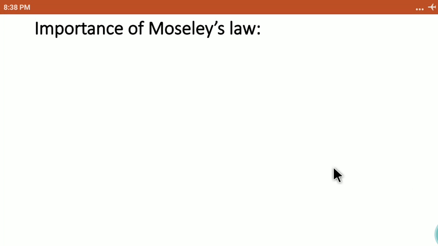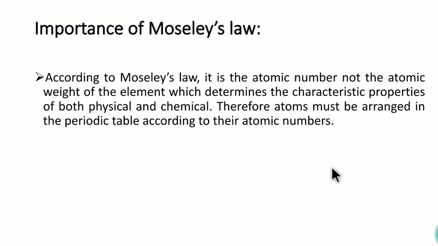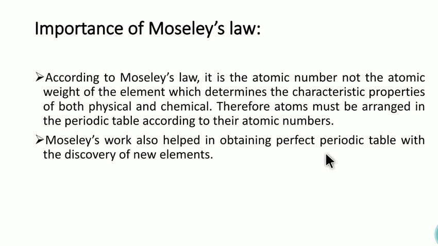Some of the importance of Moseley's law: according to it, it is the atomic number, not the atomic weight of the element, which determines its characteristic properties, both physical and chemical. Therefore, atoms must be arranged in the periodic table according to their atomic numbers.